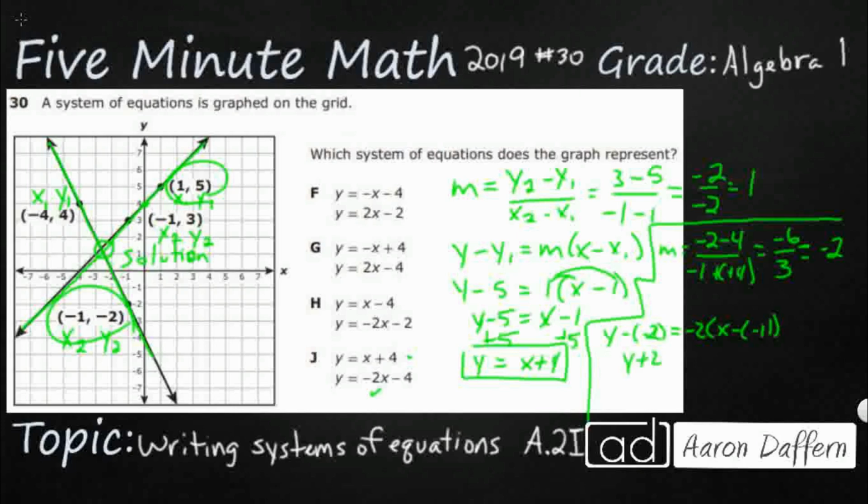So y plus 2 equals negative 2x, that's going to end up being a positive there, plus 2, so 2x minus 2. Take away 2 from both sides. You get y equals negative 2x minus 4. All right, so there's our second equation. And yep, that's exactly what we needed. So our answer here is J.